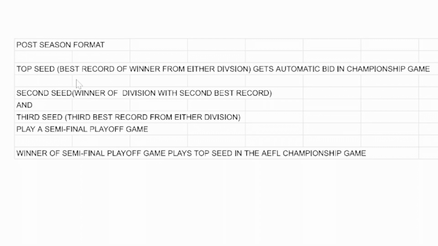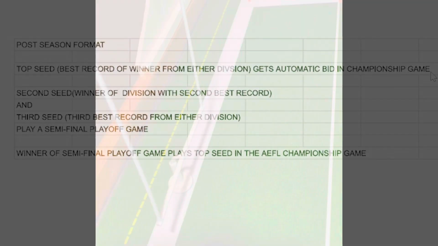Then the top seed and the winner of the semifinal playoff game meet for the AEFL championship. I like doing it this way because then we can conceivably have 2 Eastern Division teams or 2 Western Division teams playing for the championship, instead of just limiting it to East versus West.